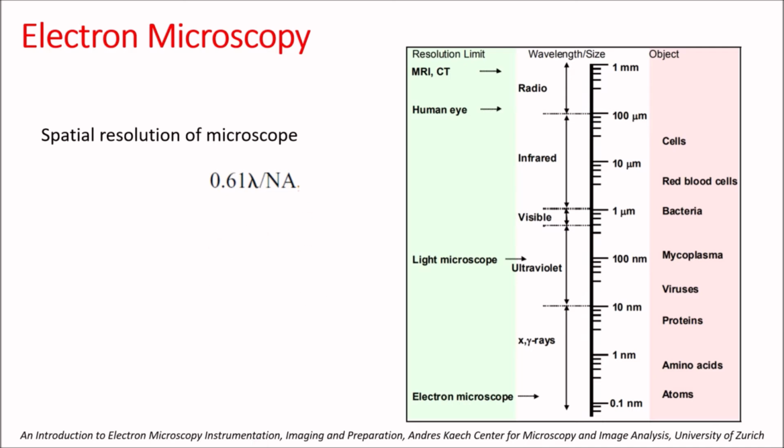So the resolution of a microscope is related to the wavelength of the radiation used to illuminate the object. Resolution provided by a common optical microscope is in hundreds of nanometers, as shown in this image, which gives an idea about the resolution limit of various microscopic techniques. It also tells us the typical objects that can be imaged with these microscopic techniques.